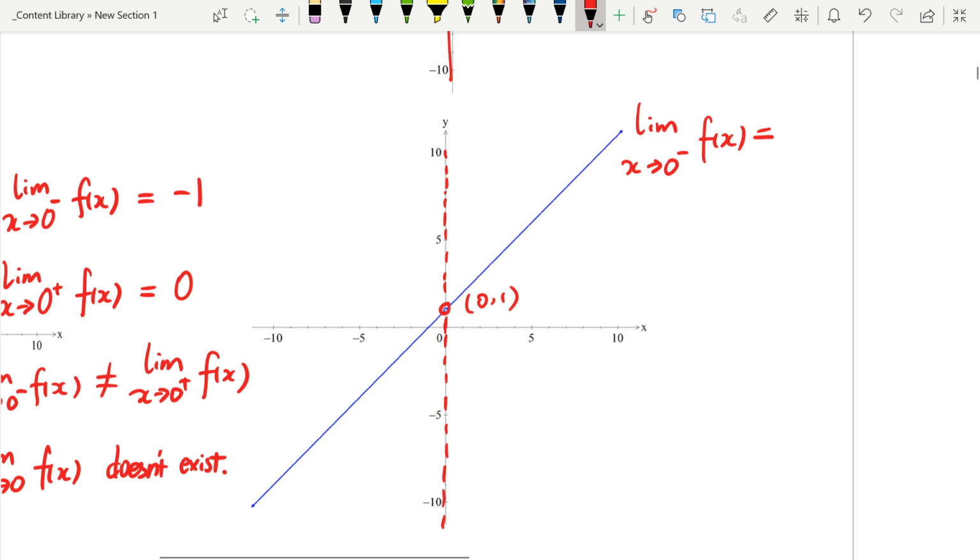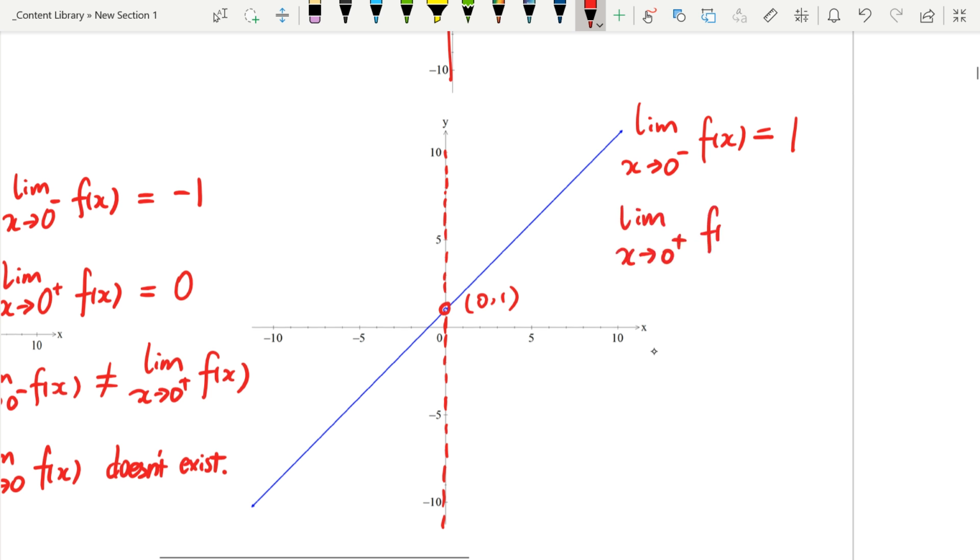It's approaching. Approaching means getting closer to. I'm not stepping on the hole, I'm getting closer and closer to the hole. So the further I move toward the hole, the closer I get to level 1. So this is still equal to 1. It doesn't matter whether you have the open circle or not. I'm approaching that value.